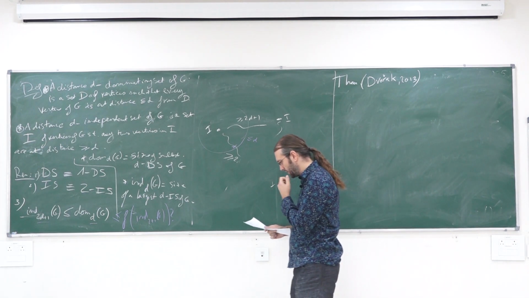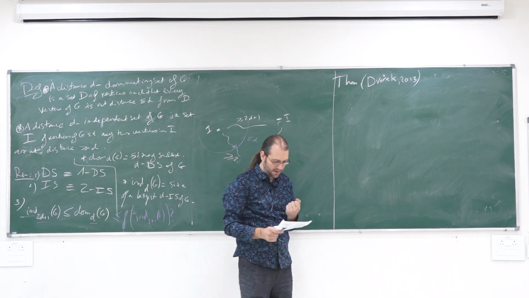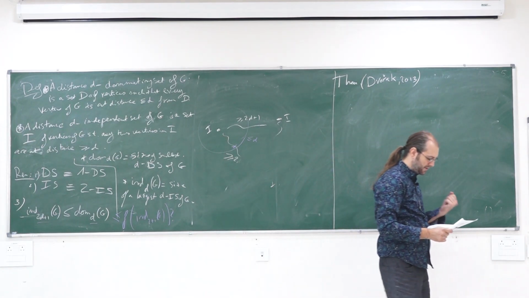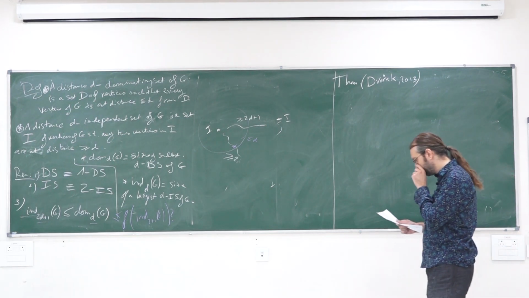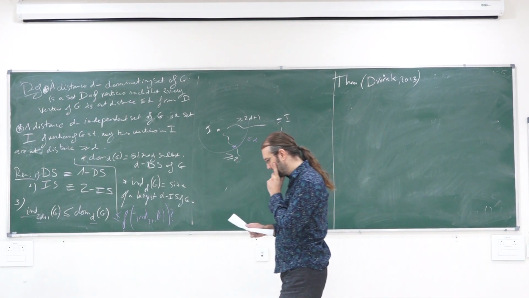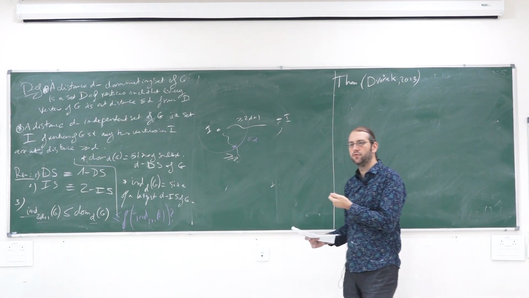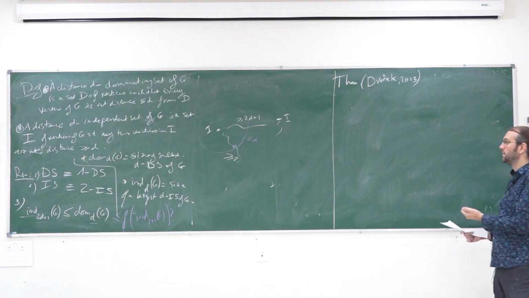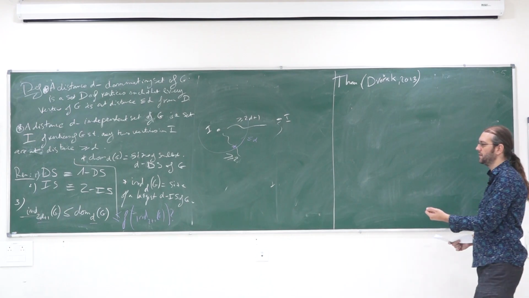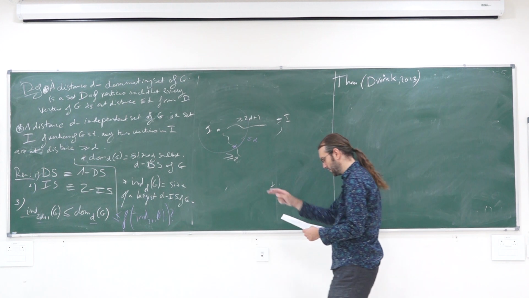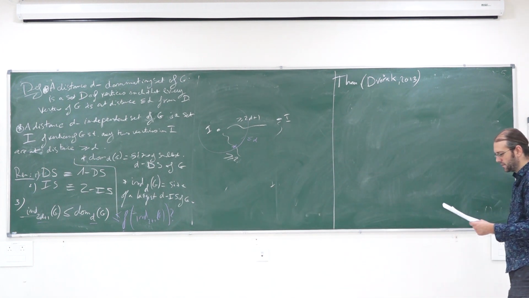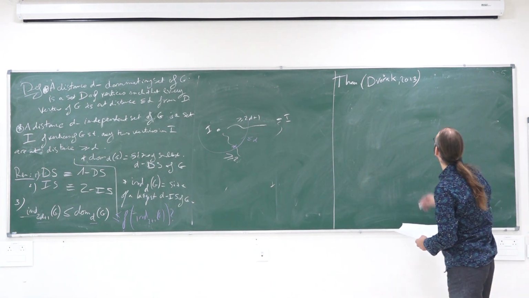So what did he say? He said that, look, if you have a graph G, and you have a weak coloring sequence for 2d plus 1, then you can use this to build a dominating set and an independent set. I will give the precise numbers, and the independent set is not too large compared to the dominating set.